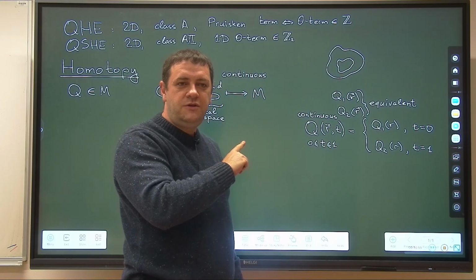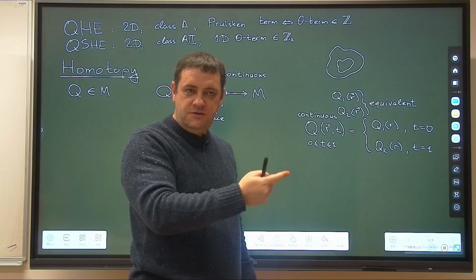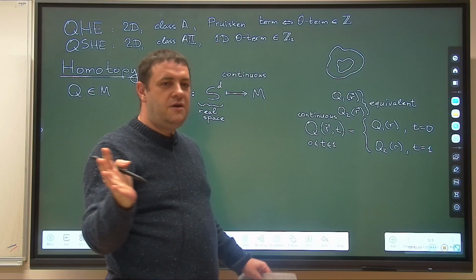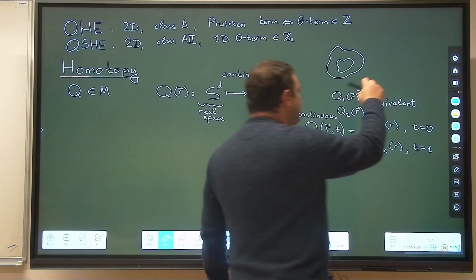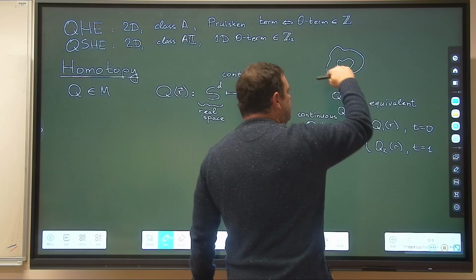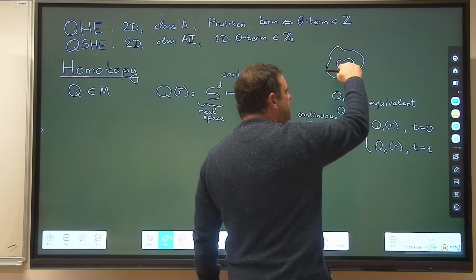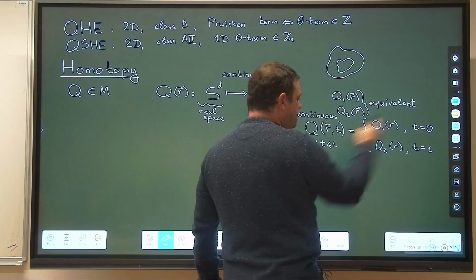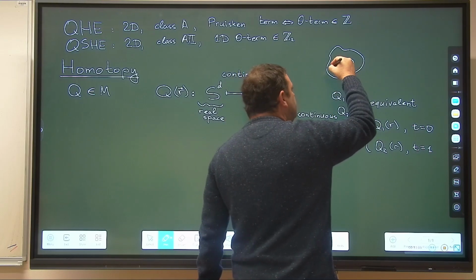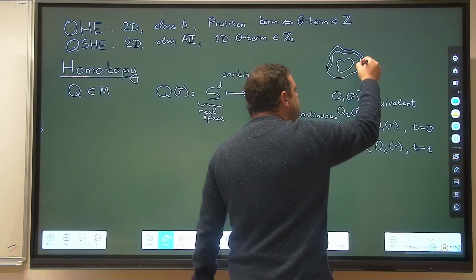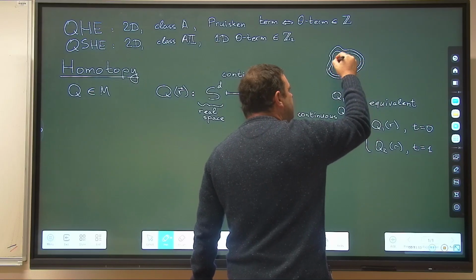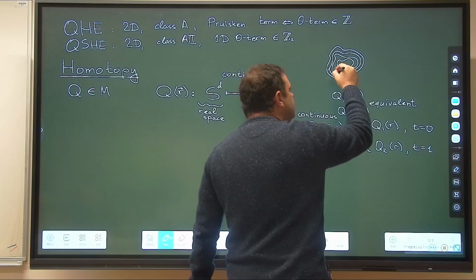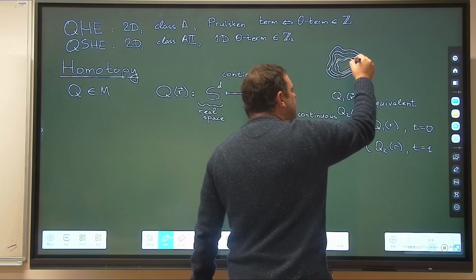Are they equivalent? The answer is yes, because I can define a new function which for t equals 0 takes this loop, for t equals 1 takes this loop, and for all t's between 0 and 1 it continuously changes. It shrinks this loop slightly until it reaches the form of the inner loop.